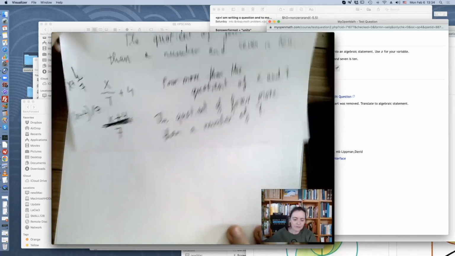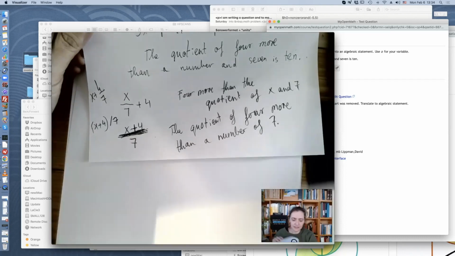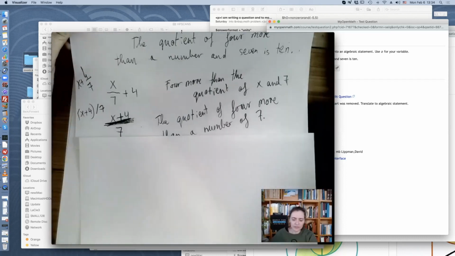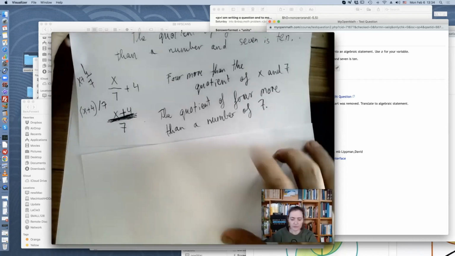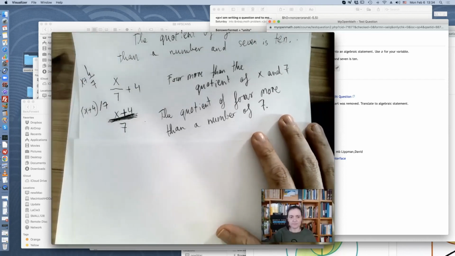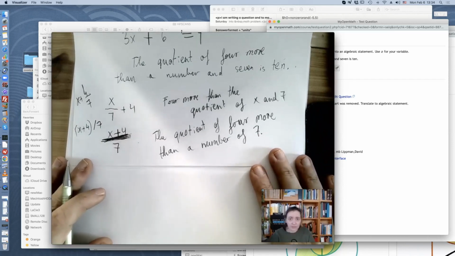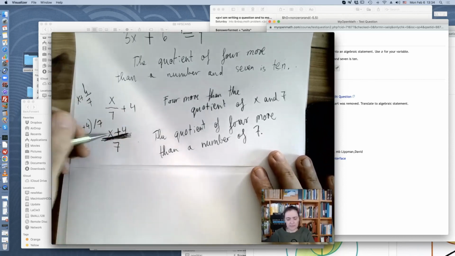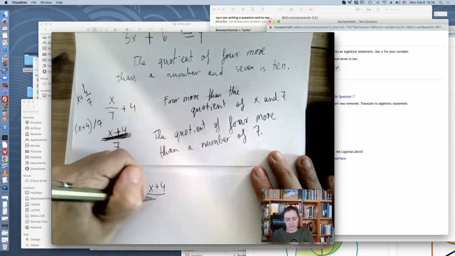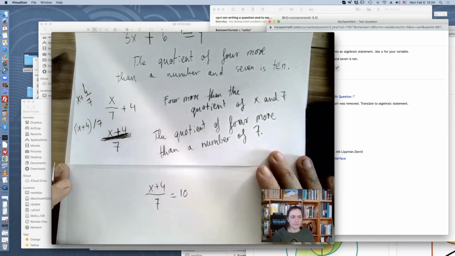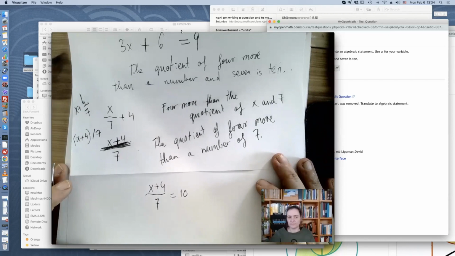Okay, so going back, what do we have here? The quotient of 4 more than a number and 7 is 10. Which one is correct for the left-hand side? The first one or the second one? It's this one, right? x plus 4 over 7 equals 10.